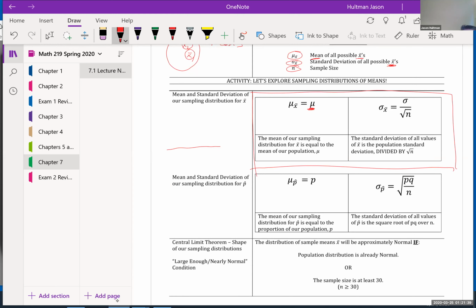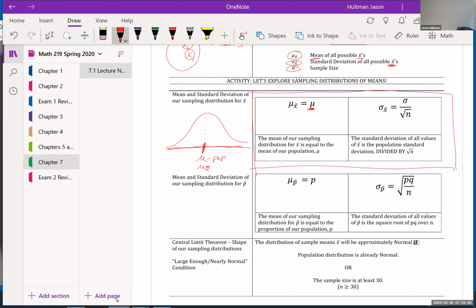If I have the entire population and it has a mean, then the mean of all of the samples will also be that same value. The sample means and the population mean will be equal. They'll be right in the middle here.